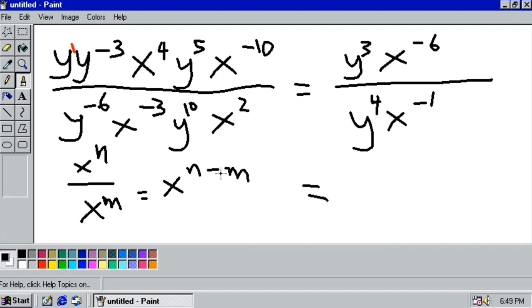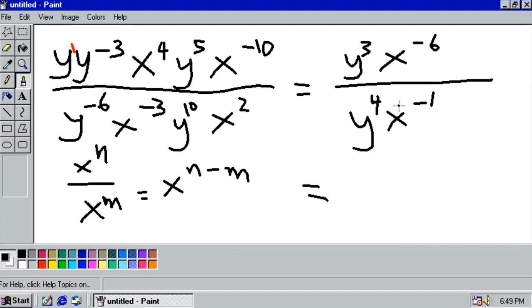When we have a fractional form, we are gonna subtract the exponents with the same base. Do you guys understand it? In this case, we have two like bases, so we're gonna subtract them.